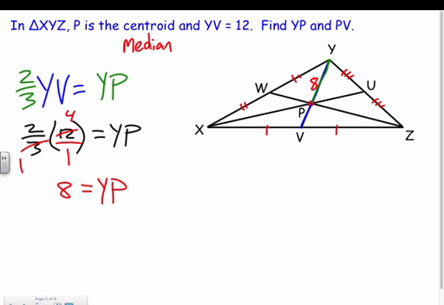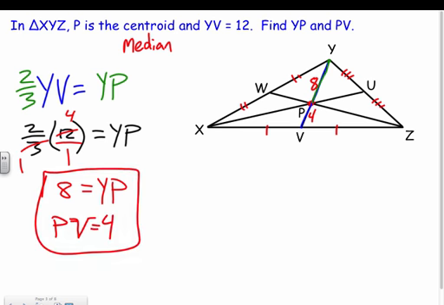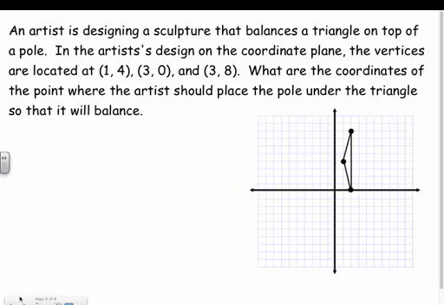If that's 8, I know that PV has to be 4, because it has to add up to 12 overall. It's the other third of it. So PV is 4. Anytime you have a centroid or medians that intersect, you know that from vertex to the centroid is 2/3 of the whole distance. That's all there is to it.